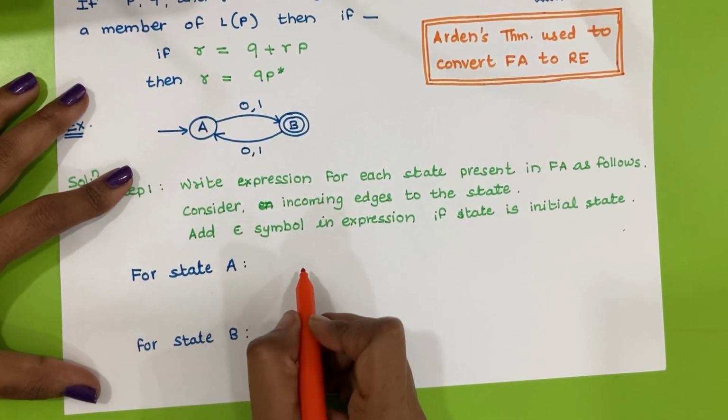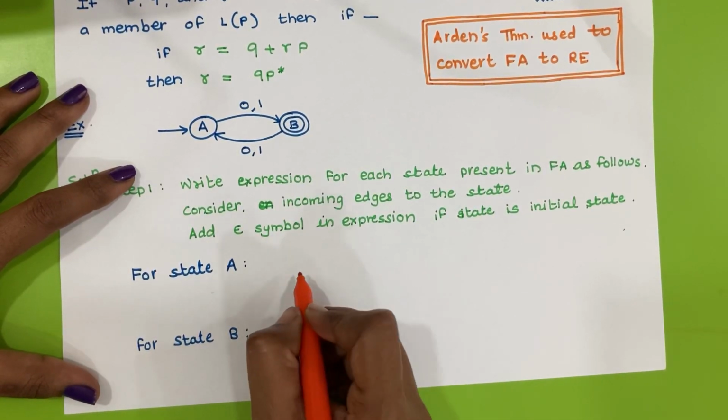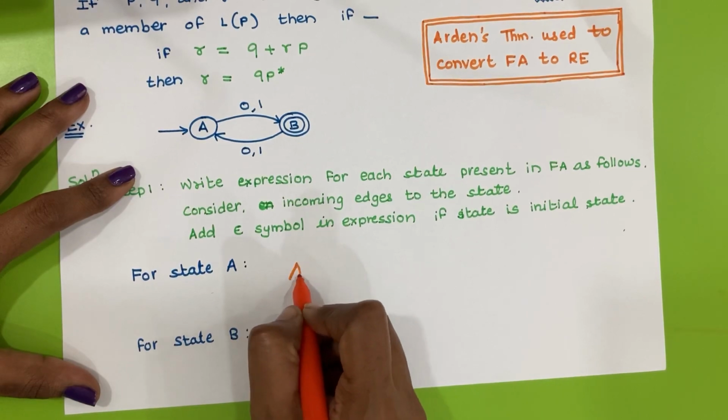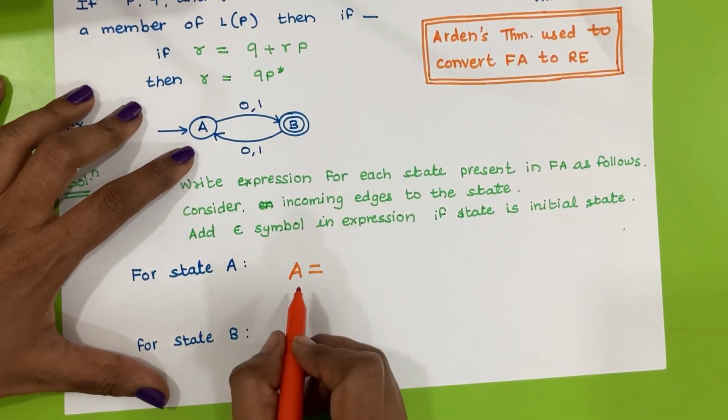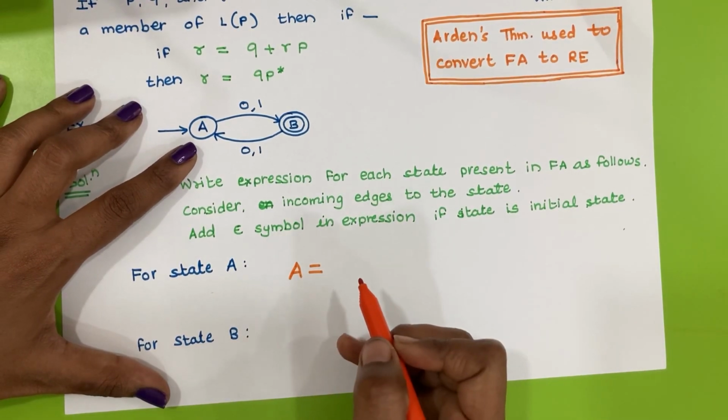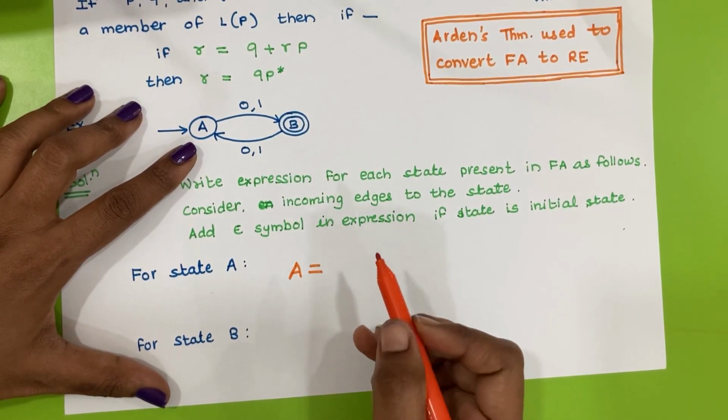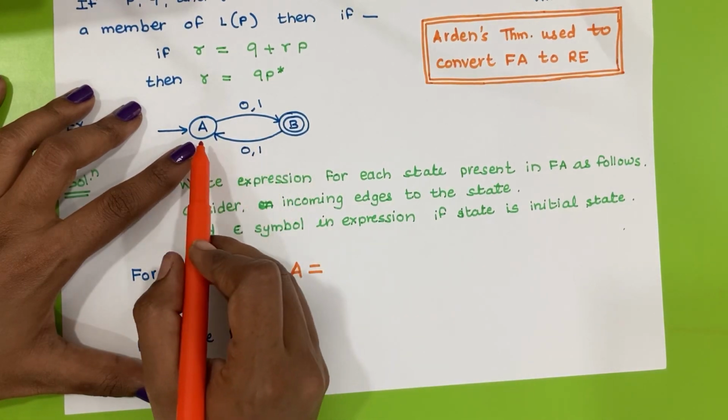How can I write the expression for a state? In the expression's left hand side I put the state name. So A is equal to, and I have to consider only incoming edges to the given state.